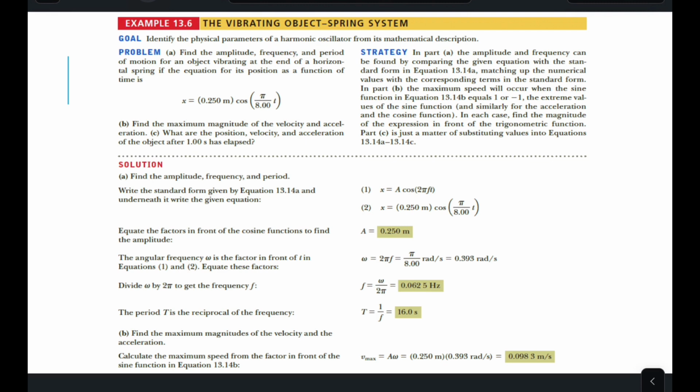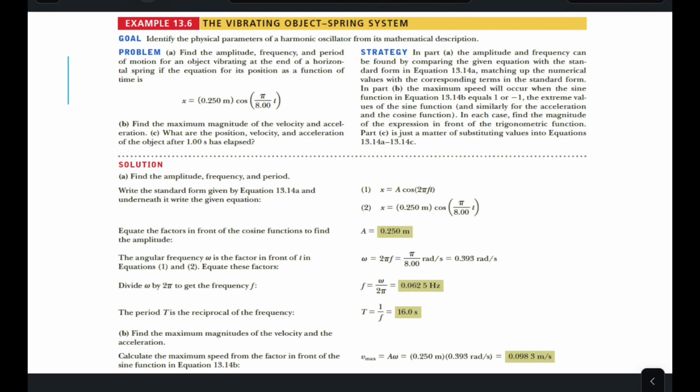A. Find the amplitude, frequency and period of motion for an object vibrating at the end of a horizontal spring if the equation for its position as a function of time is given as this. So what to do? We are going to compare the general equation x equals A cos omega t, or 2 pi f t, to the given equation.